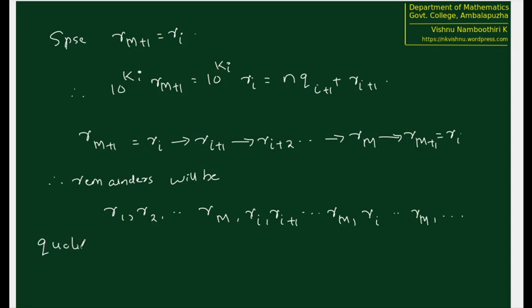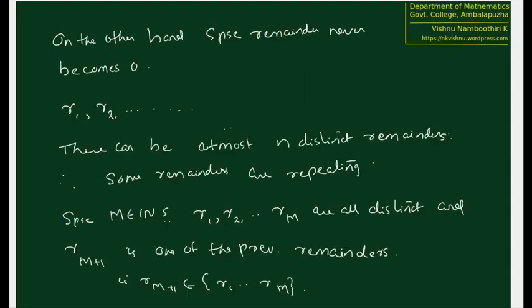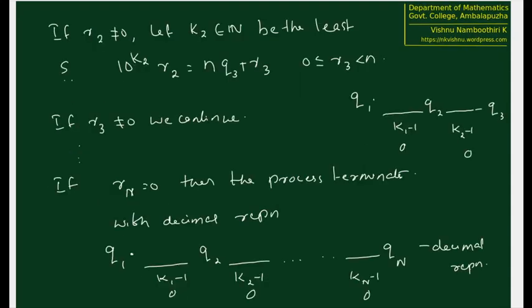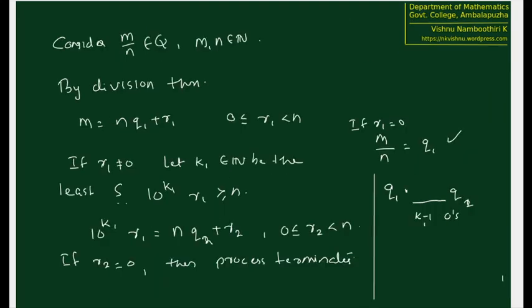So corresponding quotients, what about the quotients? Therefore we will get q1, q2, etc. qm, and after that corresponding to Ri we are going to get only qi plus 1, etc. qm. Now, when we are dividing with R1, R1 produces the quotient Q2.